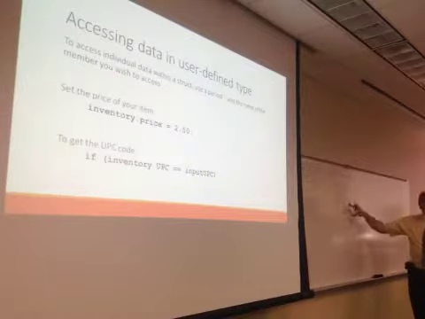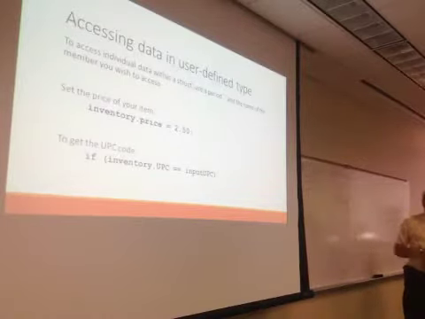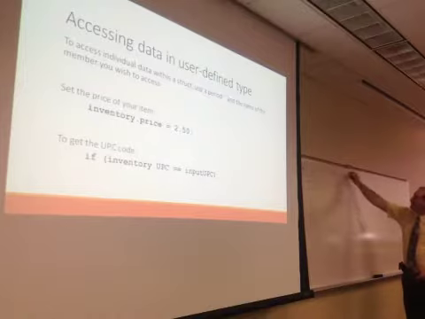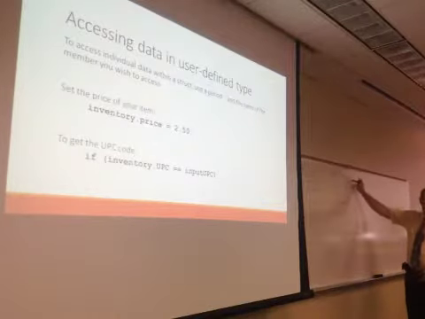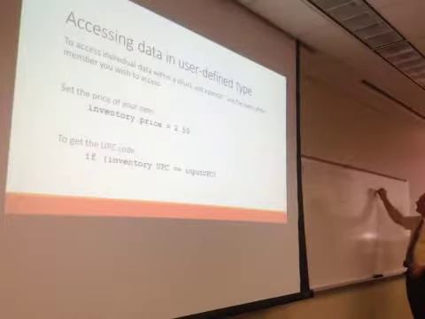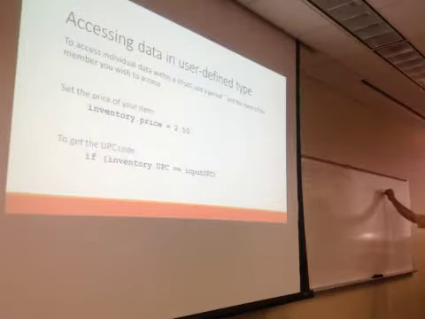To get to them, you need to set the UPC or set the price or read the price, whatever it is. Well, to get to it, you just reference it by the name of the variable, in this case inventory, and put a dot to get to the member inside, price.